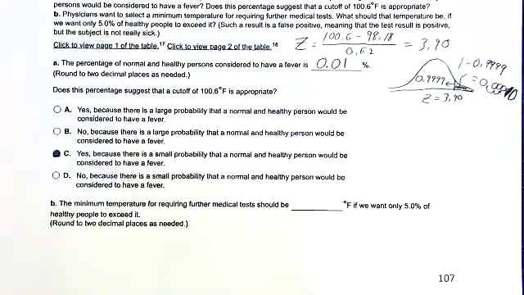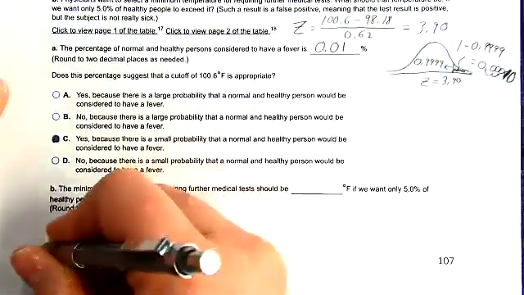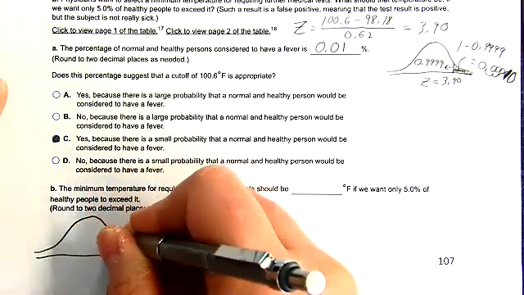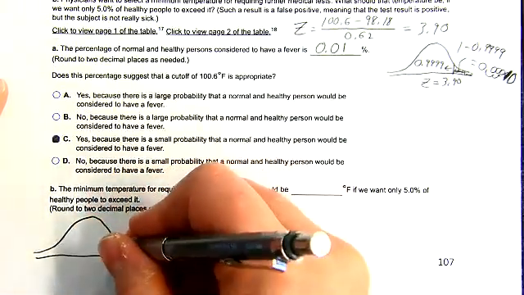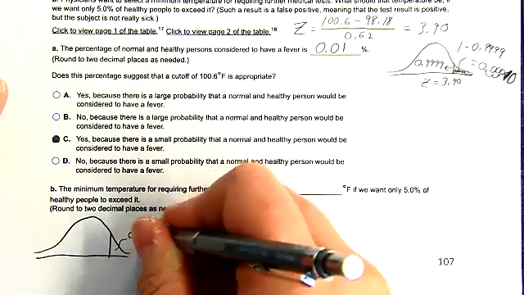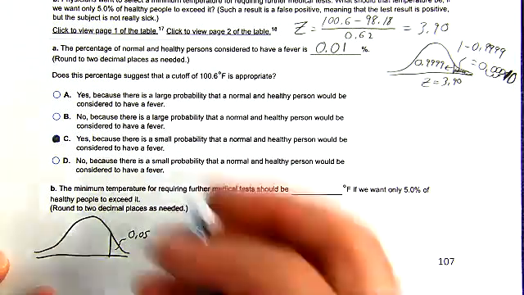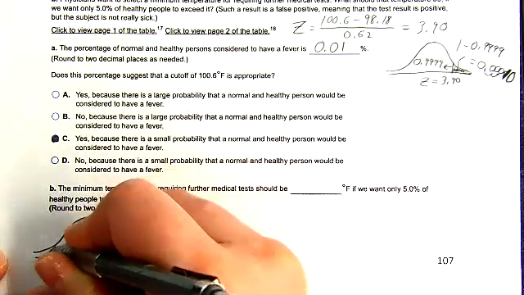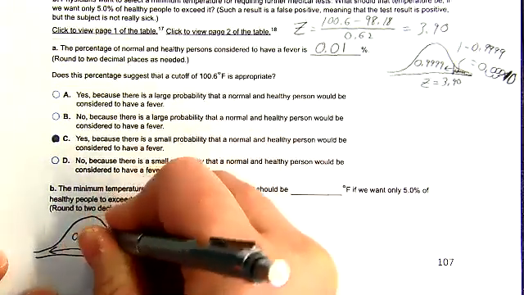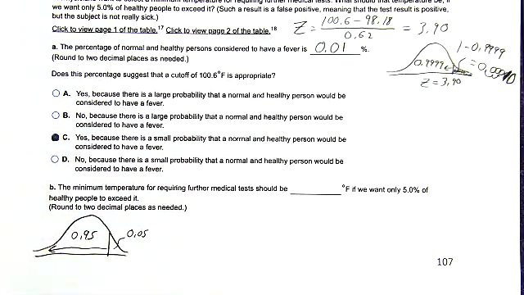So basically what they're saying is they want to pick a temperature over here that only allows 5% to pass the test even though they're not sick, which means they want 95% of people to be correctly identified using this test.